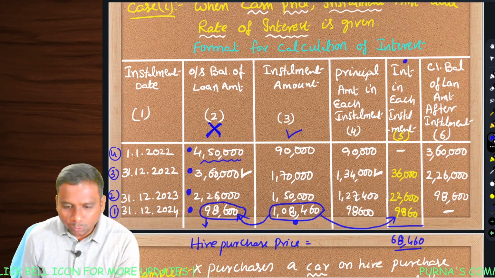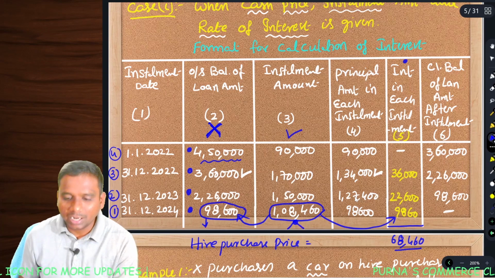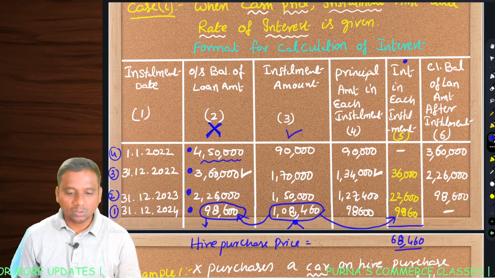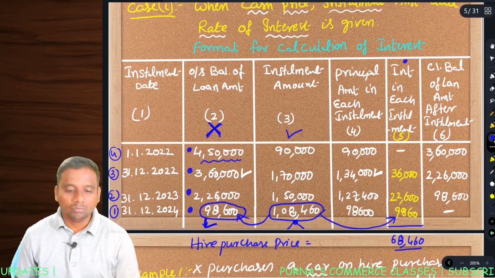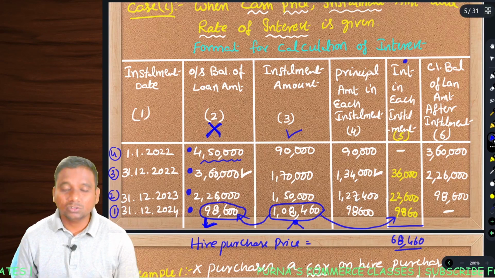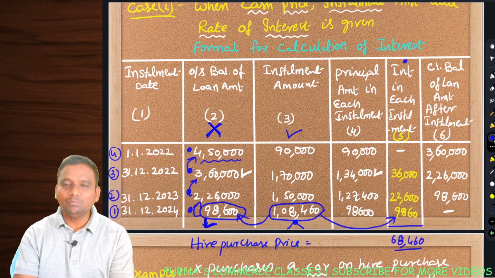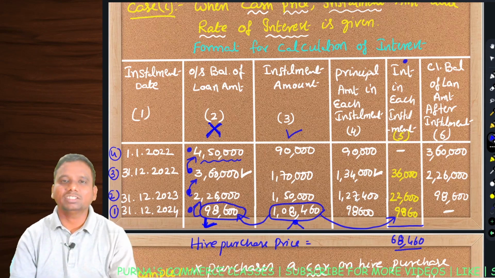So if you divide this amount into principal and interest, then you can calculate 98,600. Once you can calculate 98,600, then it is easy to calculate the next one. So the same table, but we are calculating in reverse manner.